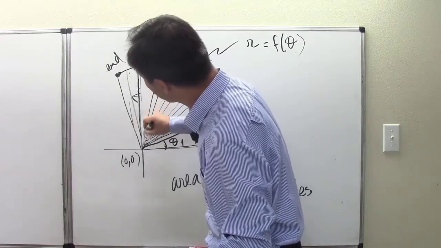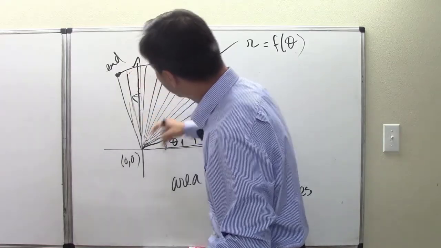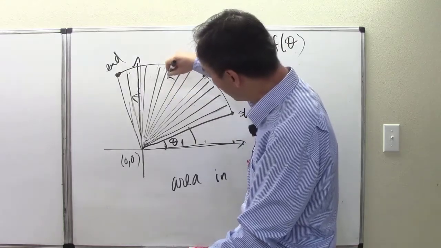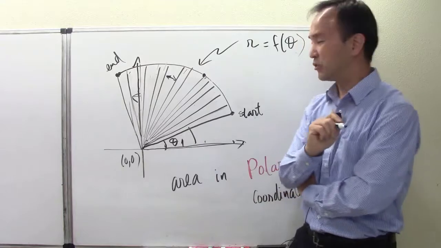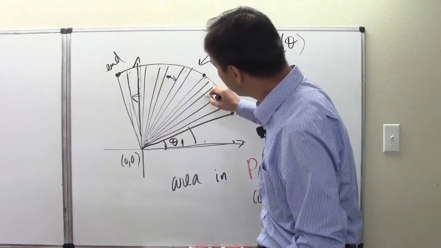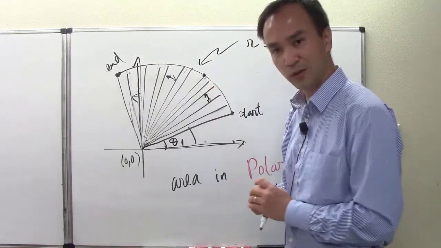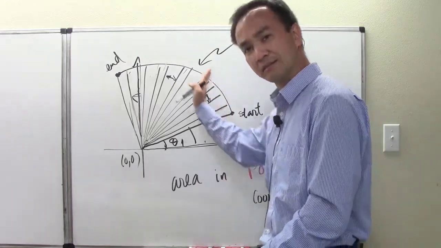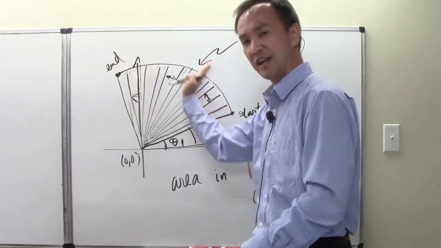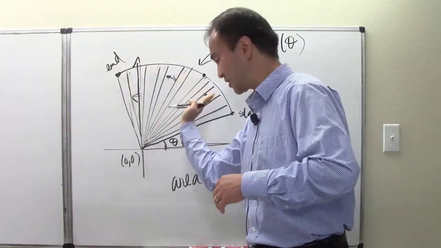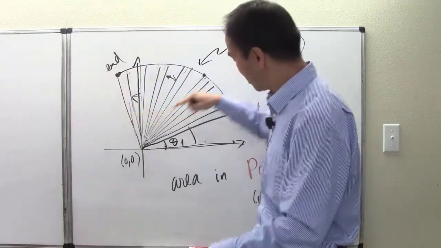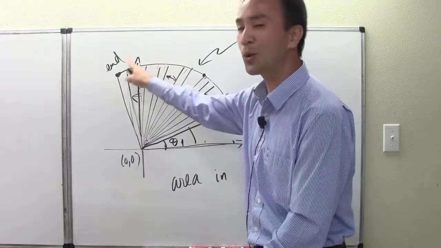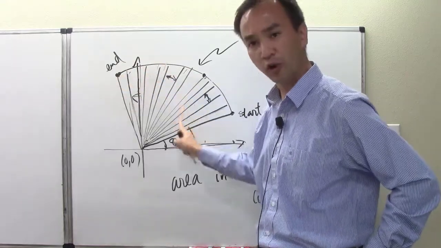Just in between these two little radii, we have a little sector, and in between any two of these, there's an area. We're summing up all of those little areas according to the rotation from the small angle to the large angle, and that's how we get the total area inside this big overall sector.